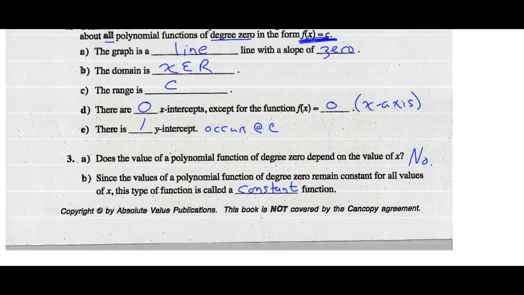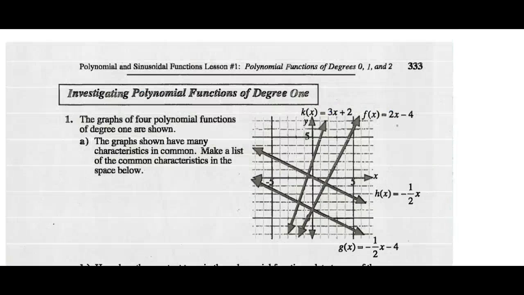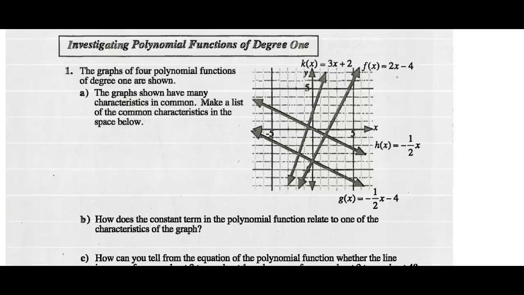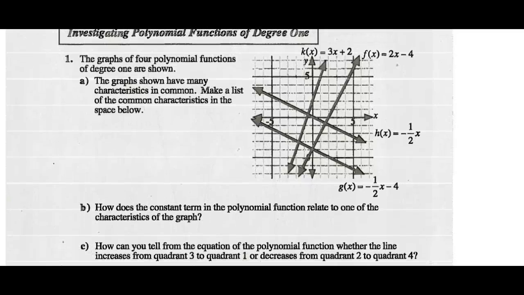All right, let's look at polynomial functions of degree 1. The graphs of 4 polynomial functions of degree 1 are shown. They have many characteristics in common. Make a list of the common characteristics in the space below. Well, they're all straight lines. They all have one x-intercept.